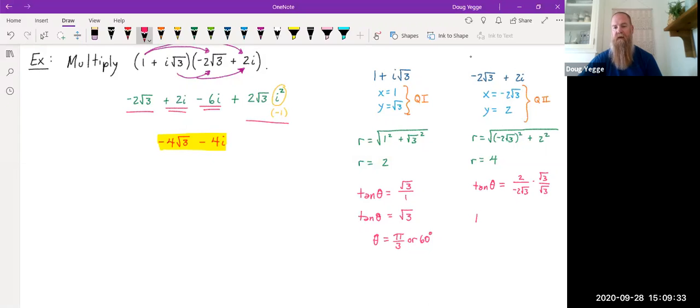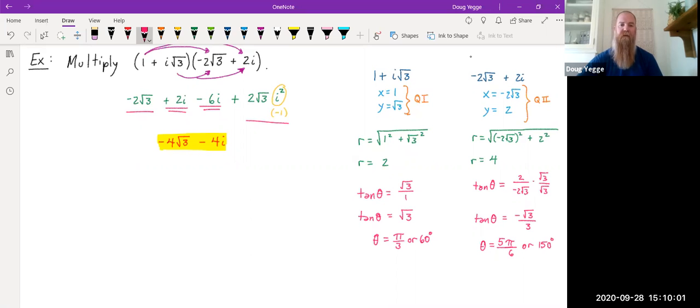And now notice that that gives me the tangent of theta is equal to negative root 3 over 3. And therefore theta is again a pi over 6 angle, but it's in the second quadrant. So 5 pi over 6 or 150 degrees, again, depending on whether we're in radians or degrees.